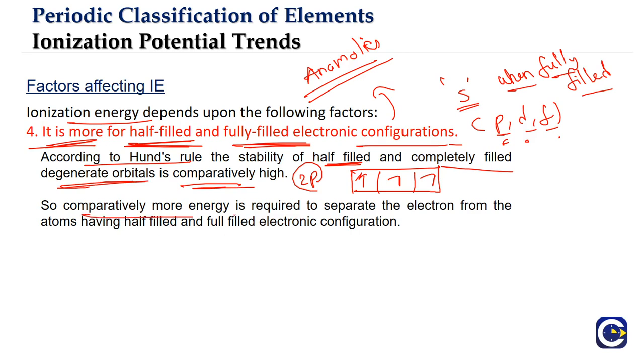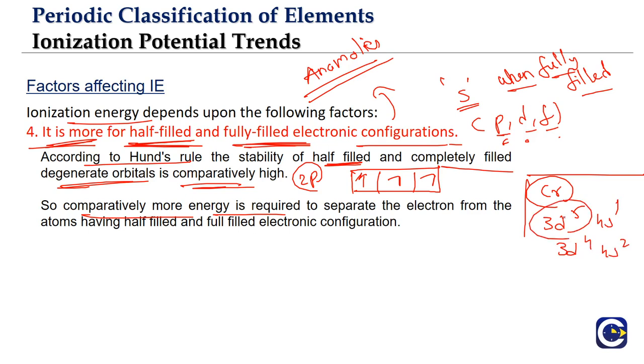So the half filled and fully filled configurations will be comparatively stable, and if you want to destabilize them, we have to spend more energy. Even chromium itself has an abnormal electronic configuration, because a 3d5 4s1 structure gives more stability than 3d4 4s2, isn't it? Because 3d5 is half filled D.